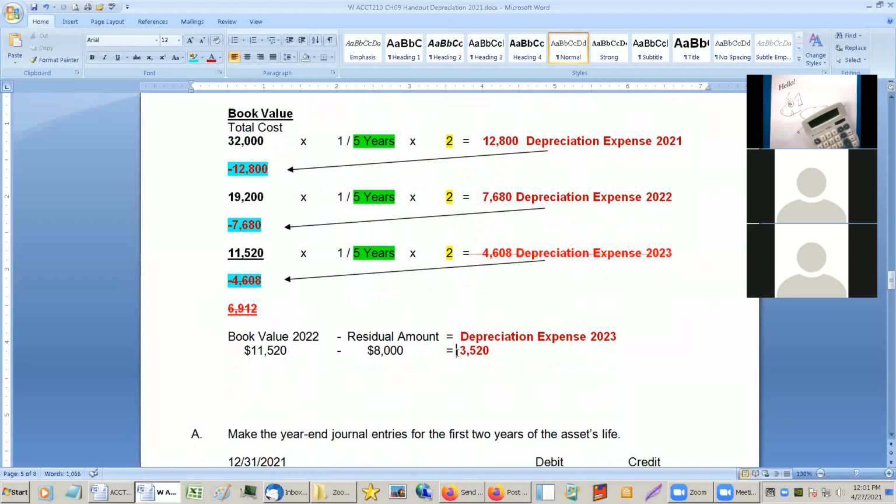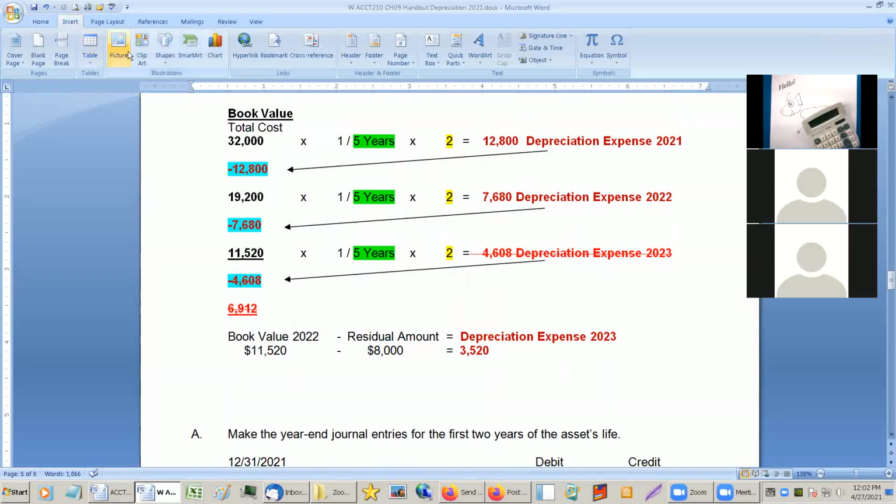So the most we can use is 3,520. So this is that.